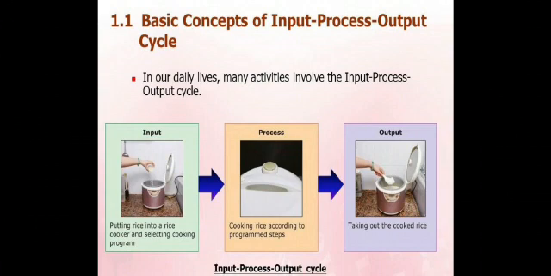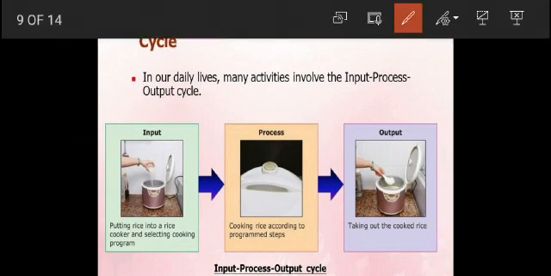So we put the rice in a cooker. See here, this is a rice cooker. We have put the rice in a cooker and select cooking. This is input. Then whatever we need for cooking the rice, whether it is water or anything, that comes in the input.